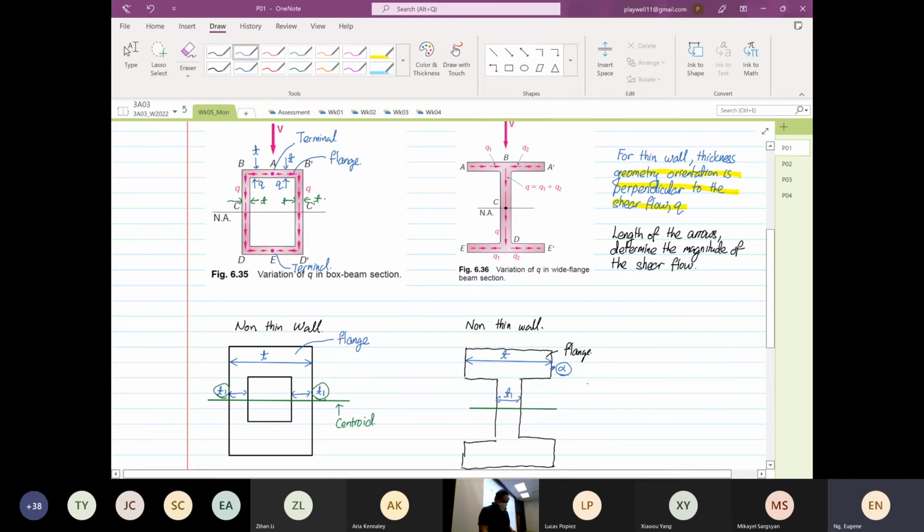Now in thin wall analysis, if you want to find a point down here, let's say we change alpha to here, the thickness you'll use is perpendicular to the shear flow. But before you do anything, you have to identify where the terminals are. So for the wide flange, you have 1, 2.